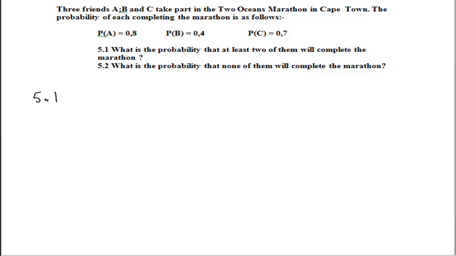Probability that A would complete the marathon 0.8, B 0.5, C 0.3. What is the probability that at least two of them will complete the marathon?